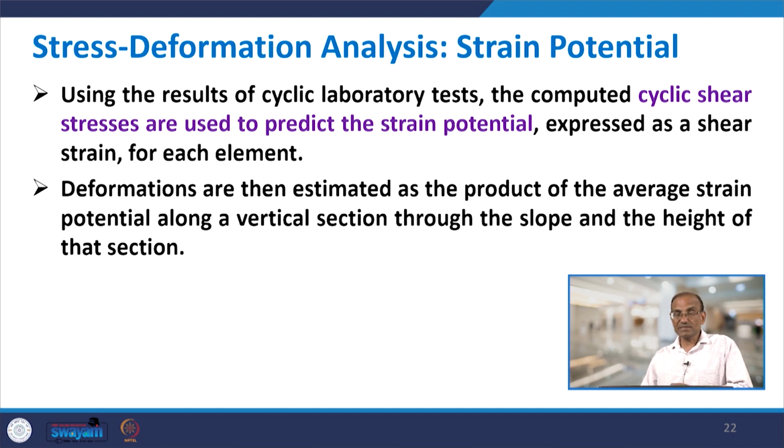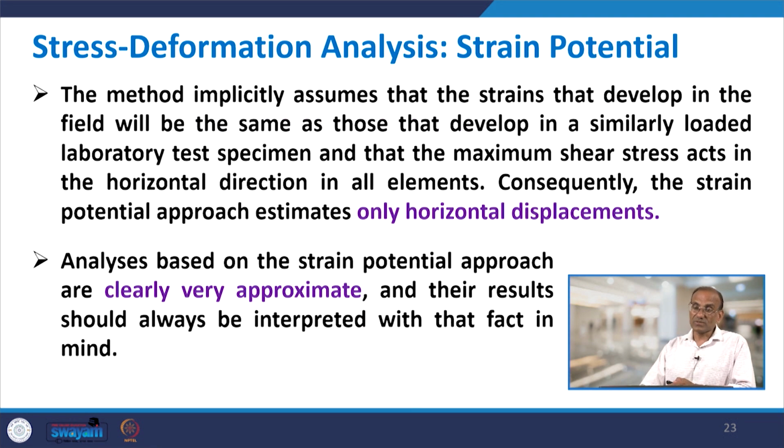Once shear strains are known, deformations are estimated as the product of the average shear strain potential along a vertical section through the slope multiplied by the height of that section. Height multiplied by the strain will give you the deformations. So, this way a method called the strain potential method has been developed.